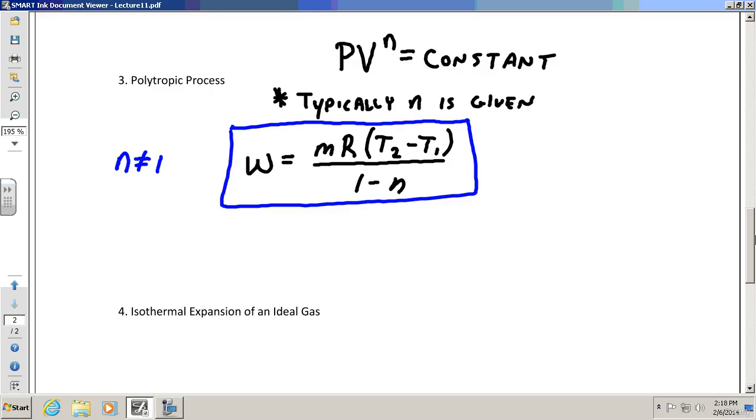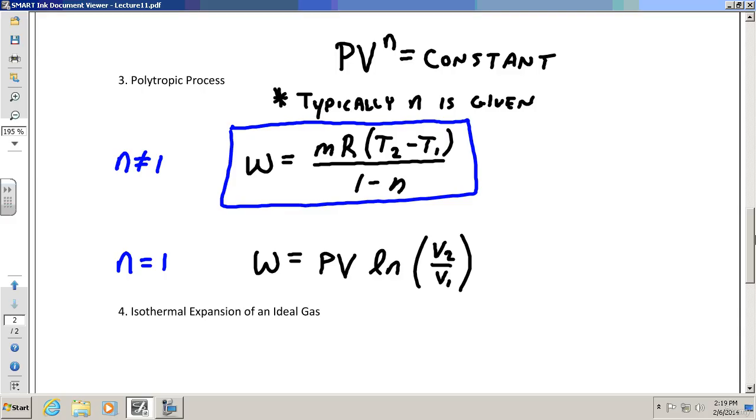Now, of course, I said there must be an equation when n equals 1. So in the special case, when you have a polytropic process with n equal 1, the work is equal to P V ln V2 over V1.